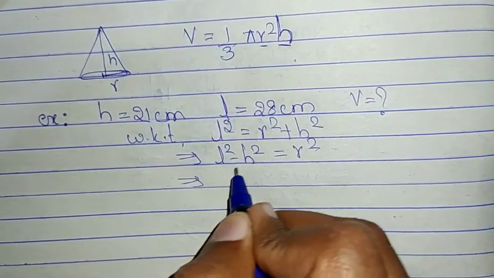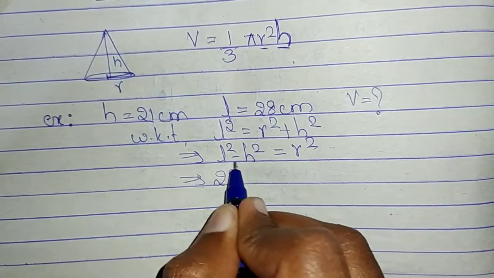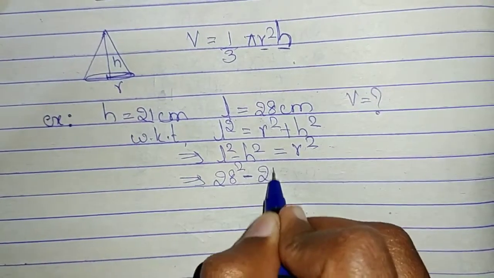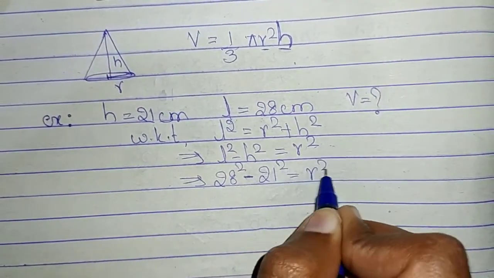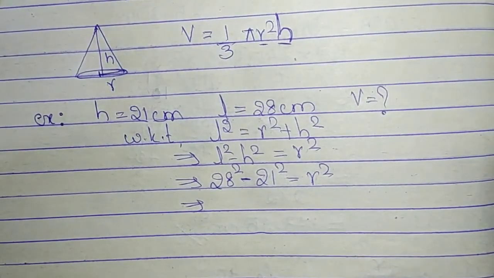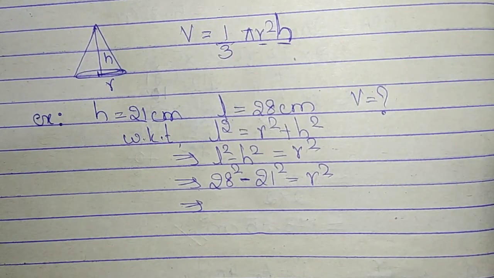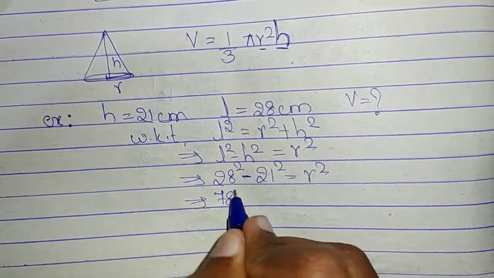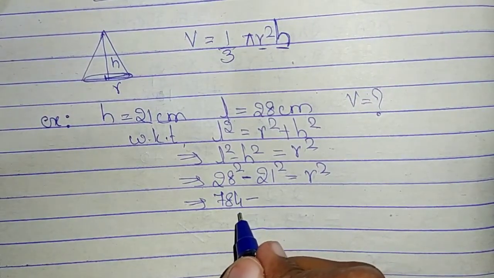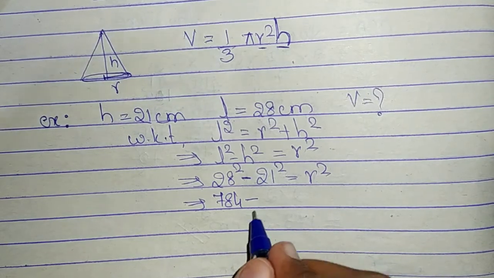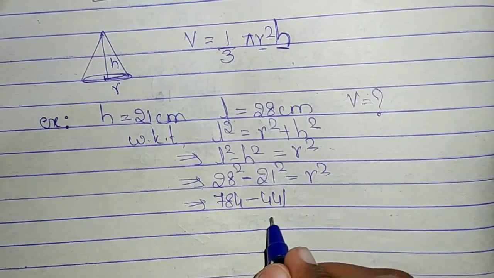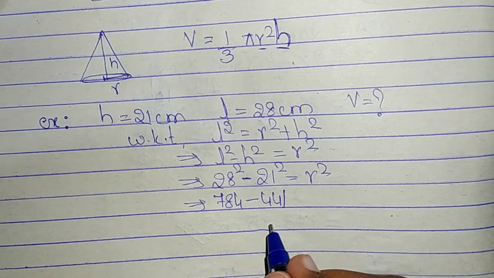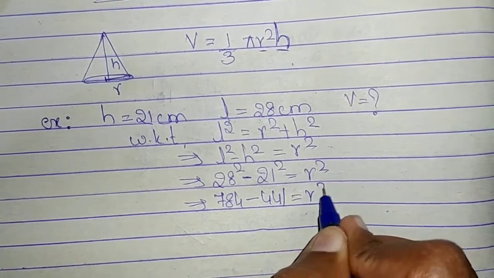So L square is 28 square minus H square is 21 square is equal to R square. 28 into 28 is equal to 784, and 21 square is 21 into 21, which is equal to 441. So subtracting them, we get R square.